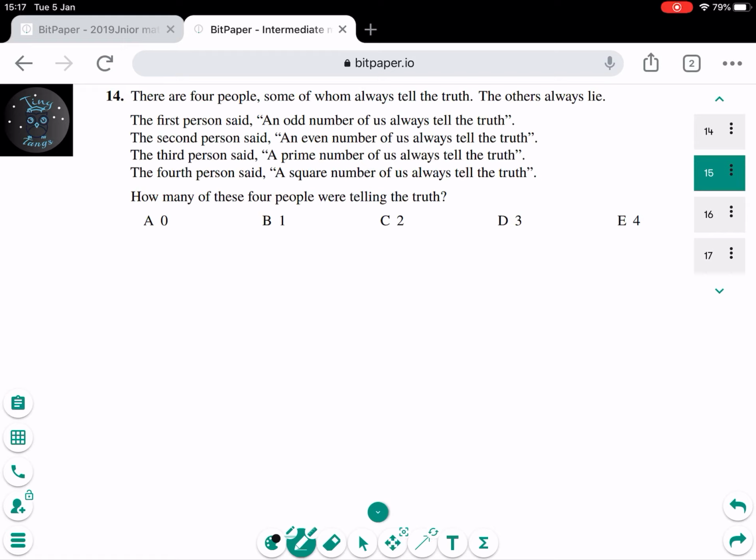A good way to start is by looking at that line, a prime number of us. So if you think of prime numbers under 4, there's only 2 and 3.